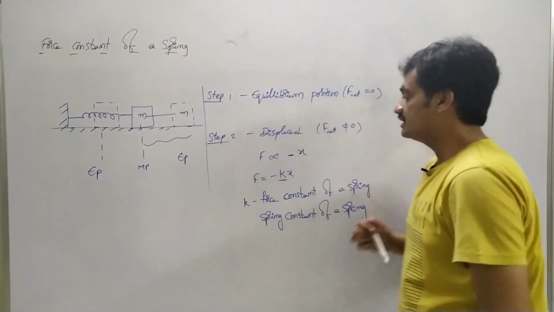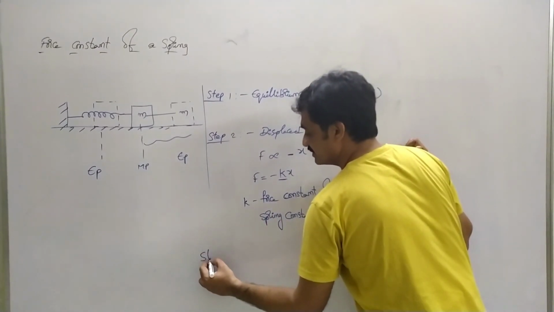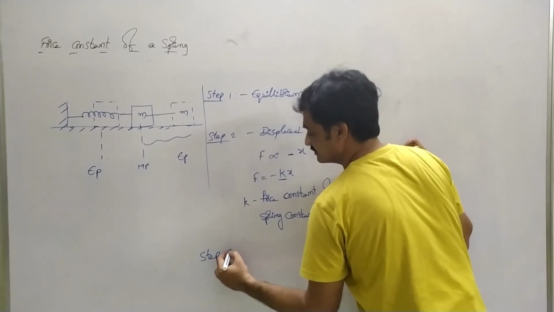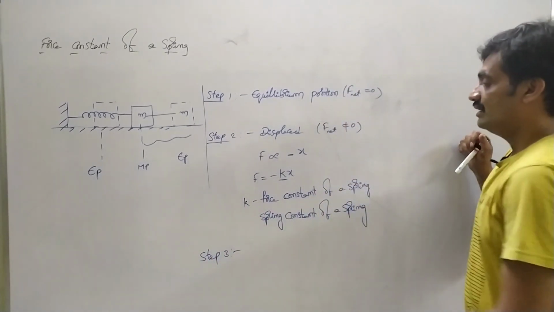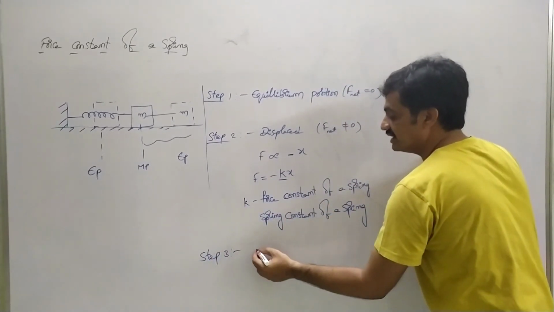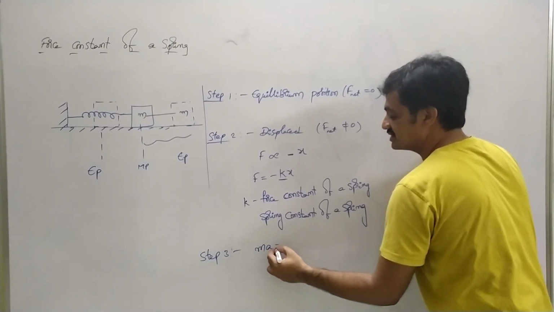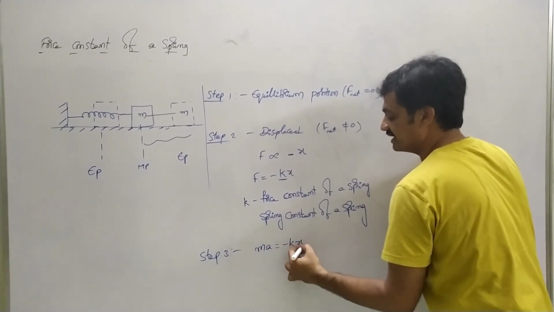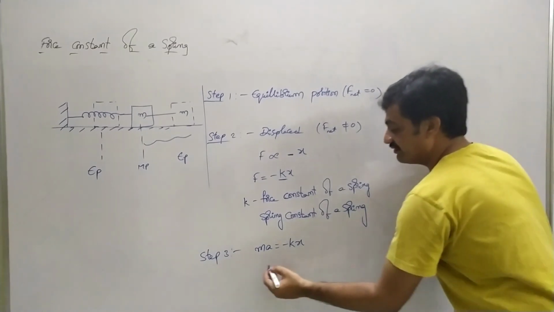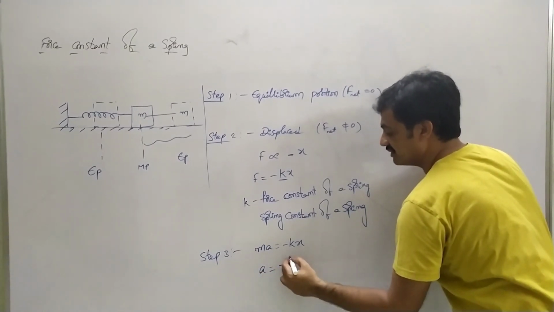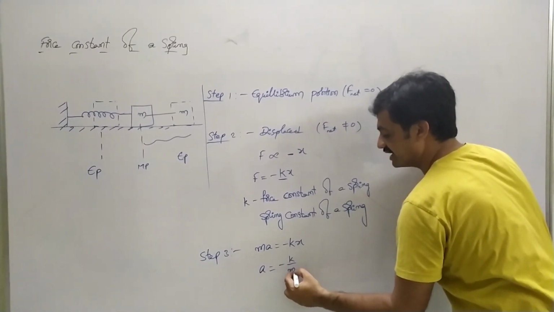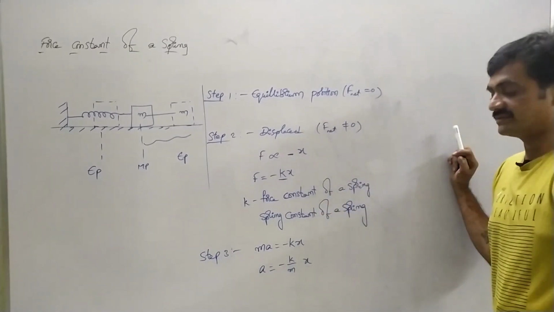Now we have to follow the third step. In order to represent step 3, we consider this equation: F is equal to minus kx. Then from here we have a is equal to minus k by m into x.